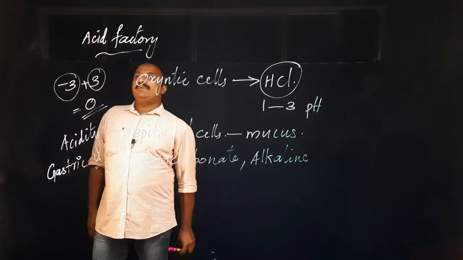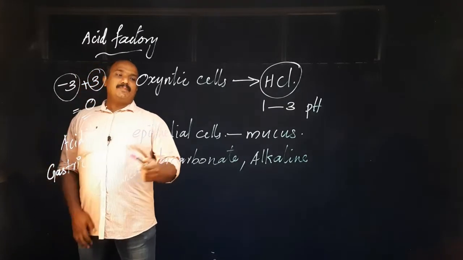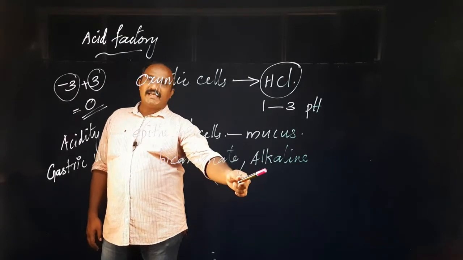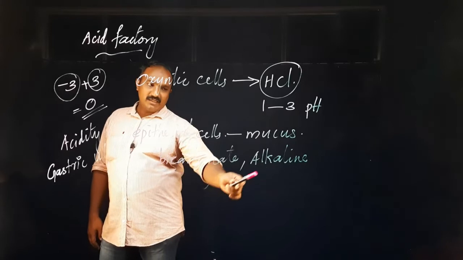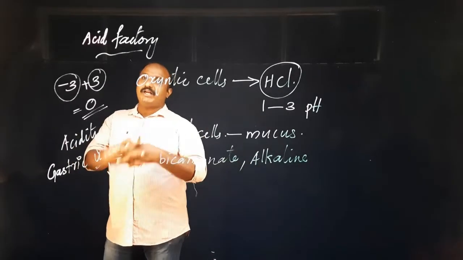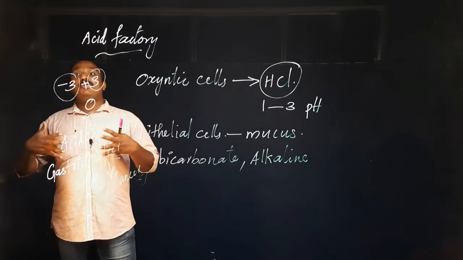Then the epithelial tissue, the tissues in the covering area of the stomach, produce mucus, and that mucus is a bicarbonate, and that bicarbonate is alkaline in nature. Alkaline means opposite of acid. When the acid and alkaline bicarbonate mucus come in contact with each other, the acid's action will be neutralized.